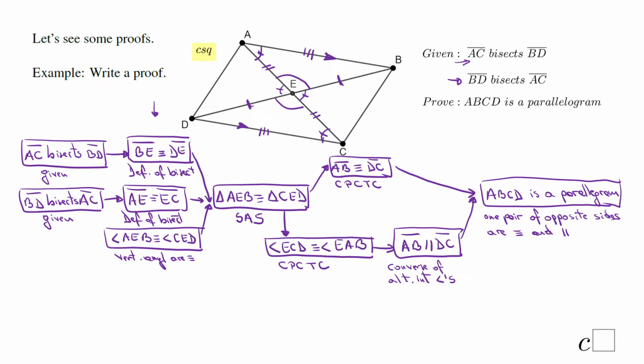And that was one theorem we just discussed at the beginning. Of course, you can do this proof in a different way. You can prove these two also are parallel lines, and then use the definition of a parallelogram. Okay, so it's not the only one way.